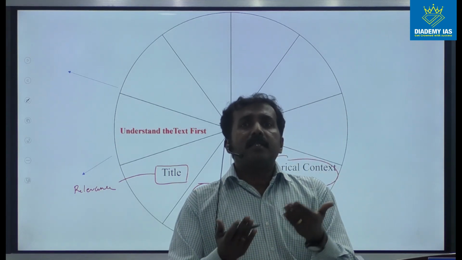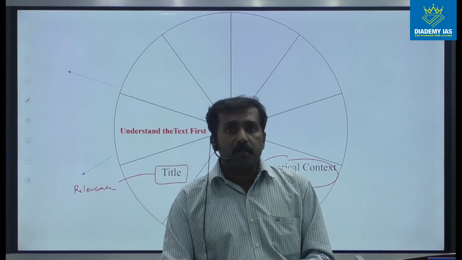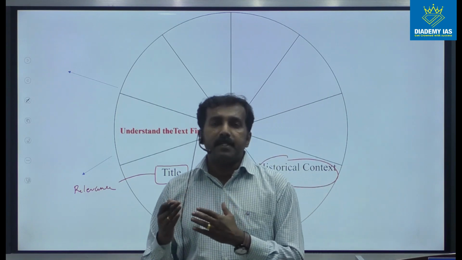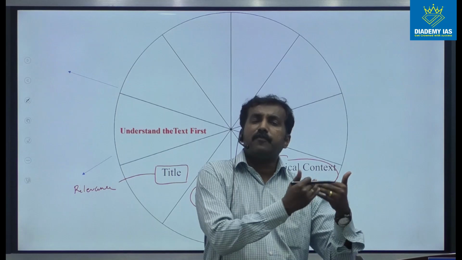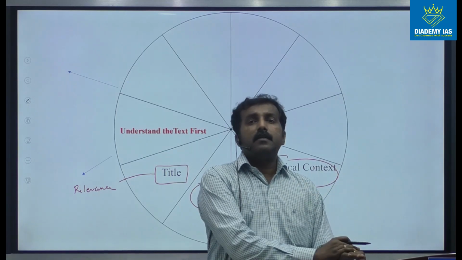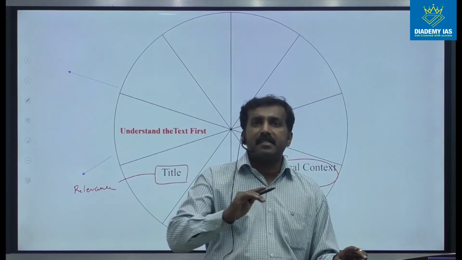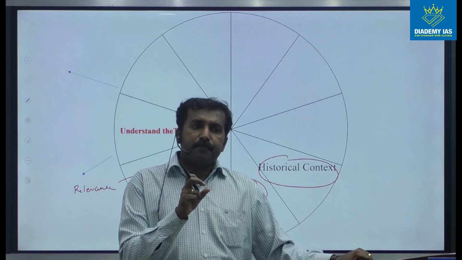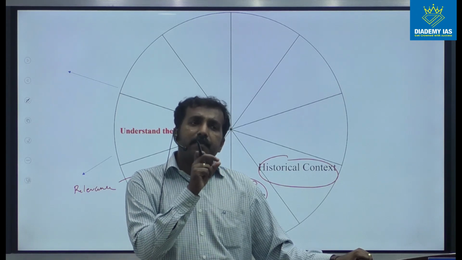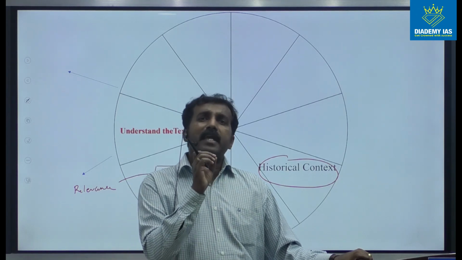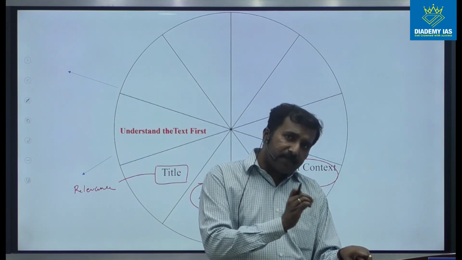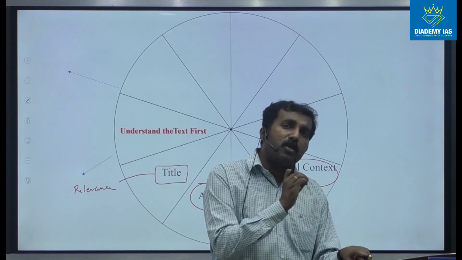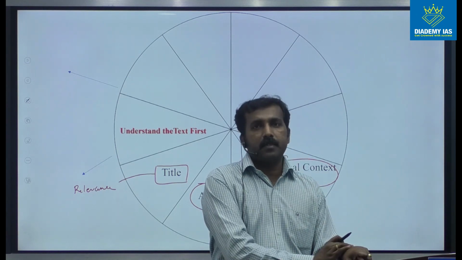That means King Lear was written by William Shakespeare in the time of James the First. The same Shakespeare wrote different plays at different times. So the historical context is very important, and you should take notes or make a write-up relating to the historical background of a particular work.